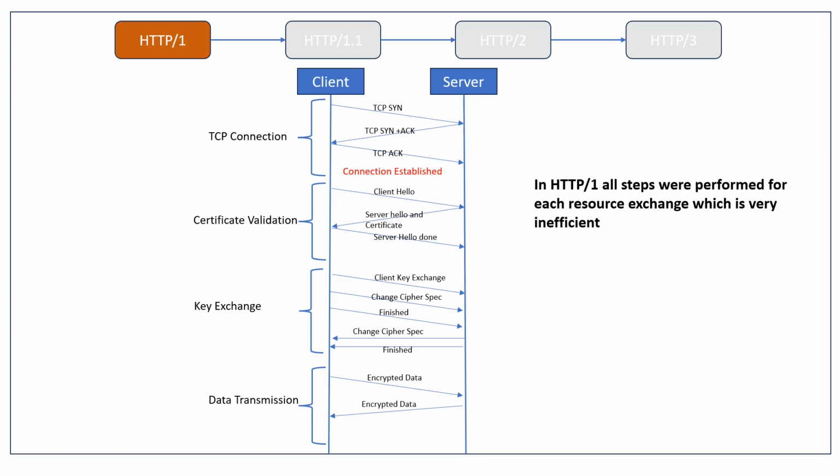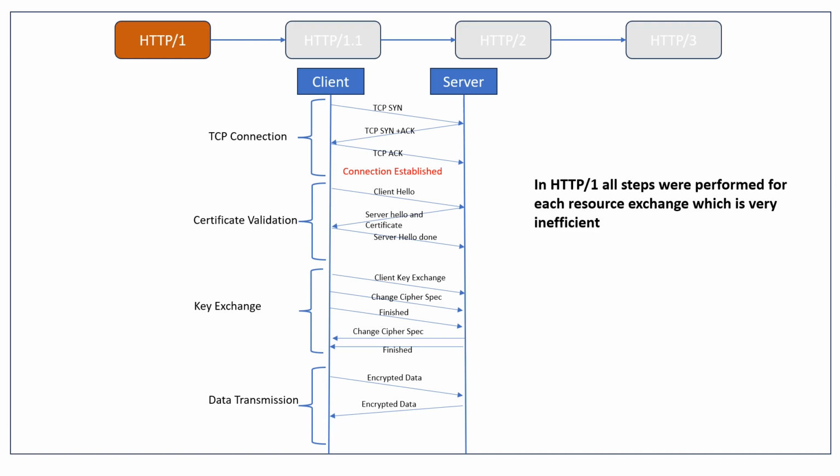Now the issue is that in HTTP 1, for every resource, you have to do all these three steps, which is a bit cumbersome and inefficient, because every time you are opening the TCP connection, then doing the server validation for its certificate, then key exchanges.